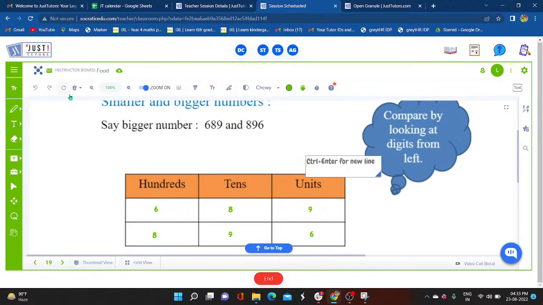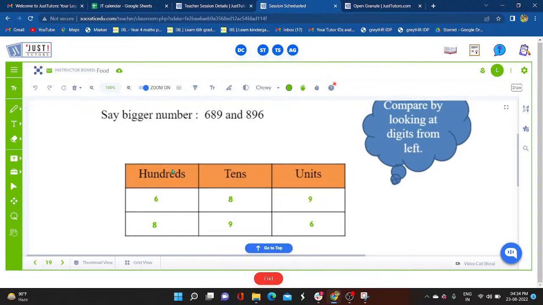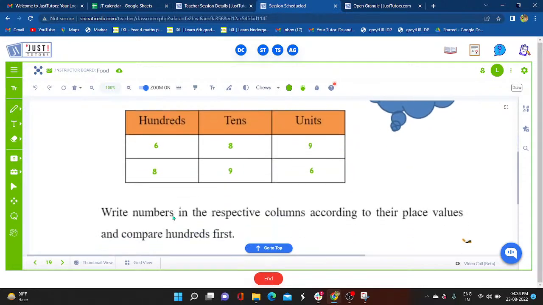Okay, now if we try comparing these numbers, 689, 896. So how do we compare them? We look at the hundreds place, right? We look at the hundreds place and we compare which number is bigger, which number is smaller. So here we can see we have 600s, here we have 800s.